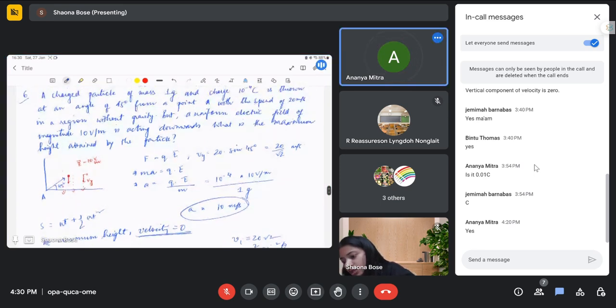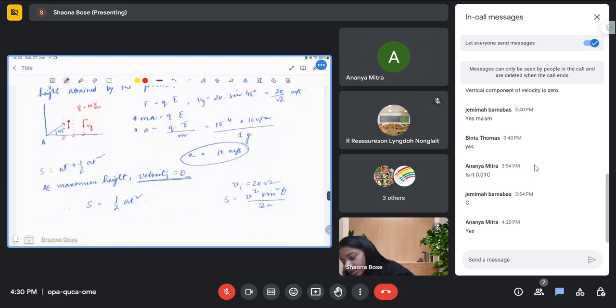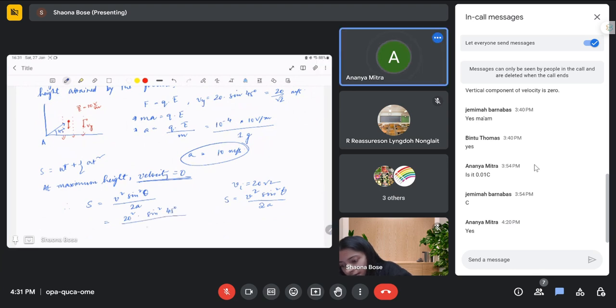What was my u? 20. I will use u square sine square theta, so this is 20 square sine square 45 degrees by 2 into 10.